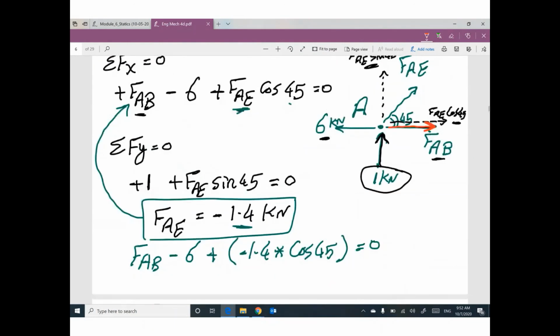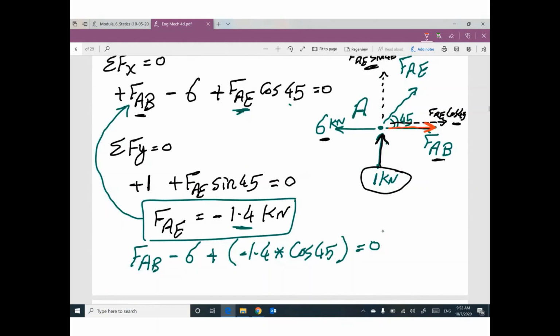FAE, you assumed a tension like this, and you got a negative value. That means my assumption is not correct. I assumed a tension, it's not correct. This member is compression.